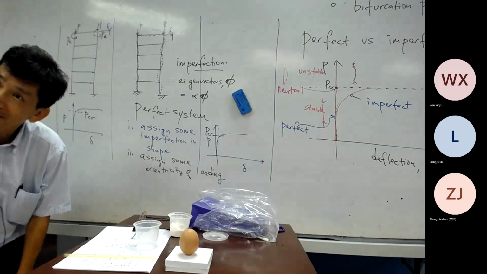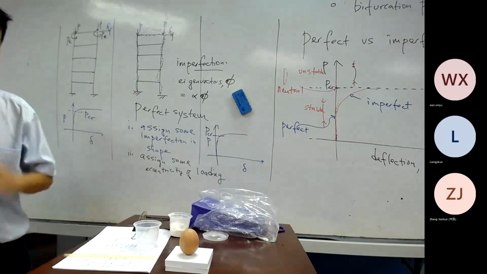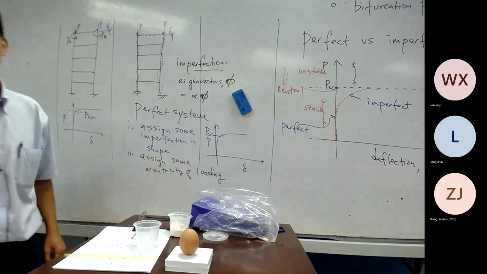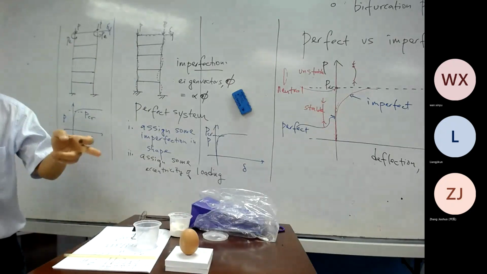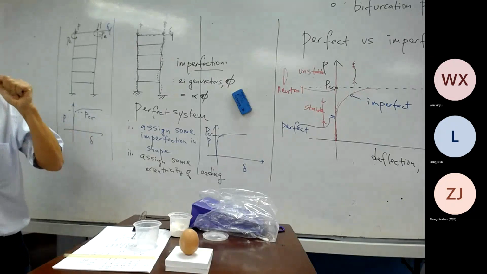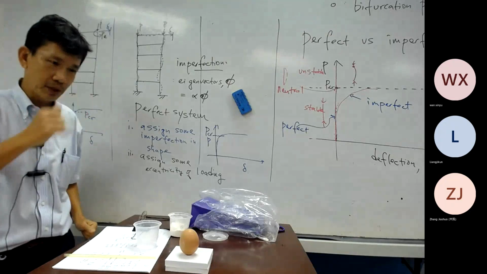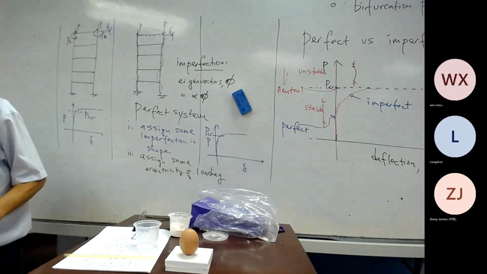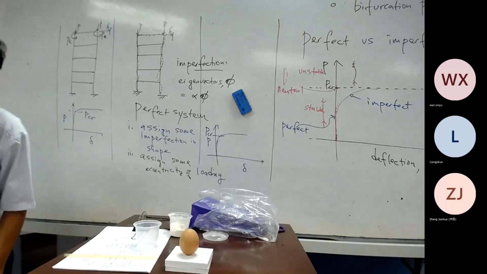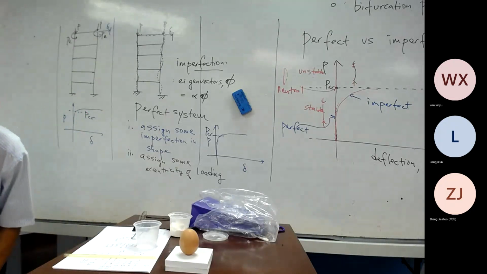That is neutral. Unstable means if I disturb this, it cannot stay like this. Neutral means if I disturb it slightly, the egg will not fall down.